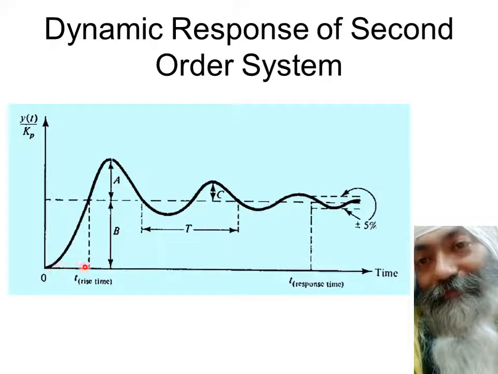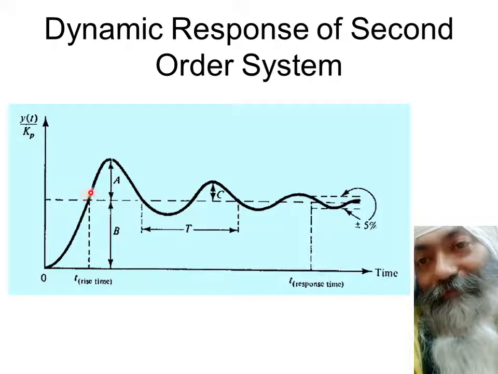And ultimately, after moving up and down and up and down and up, it's going to settle down within this plus minus 5% band. That is, it comes in this plus minus 5% band and it remains in this plus minus 5% band. See, it comes in the plus minus 5% band here also.